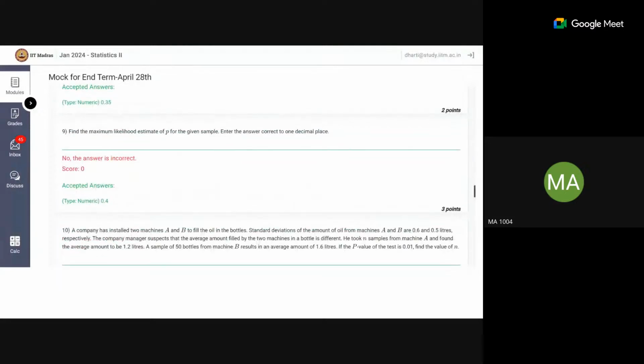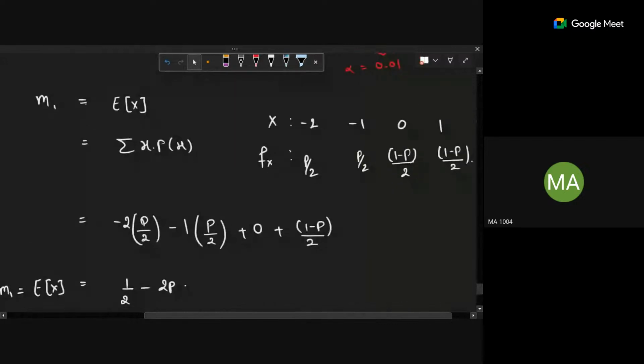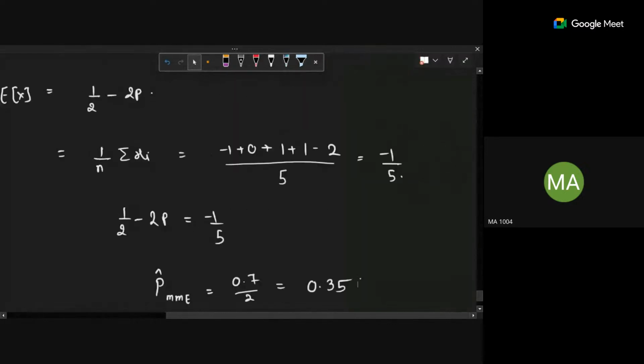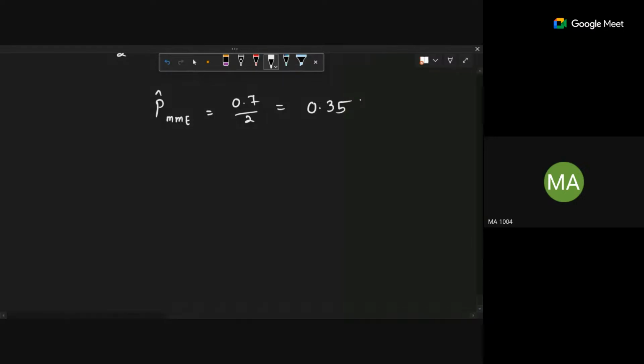The next one is to find the maximum likelihood estimate of p for the given sample. If you observe the given data, the PDF table for the sample, this is a discrete sample. Using the maximum likelihood estimator, when we have to find the MLE for any parameter, we first form our likelihood function.